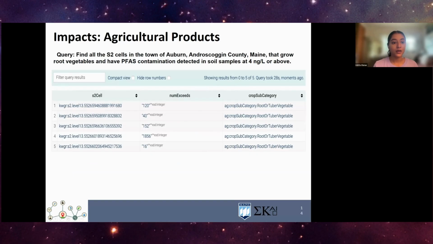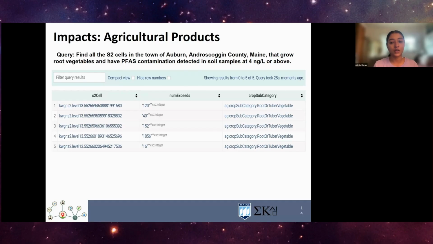Here you could see different locations where soil samples were found with PFAS contamination of 4 nanograms per liter or above. In the second column, you could see the PFAS contamination levels associated with those S2 cells, aggregated over all the sample points found in that particular S2 cell.